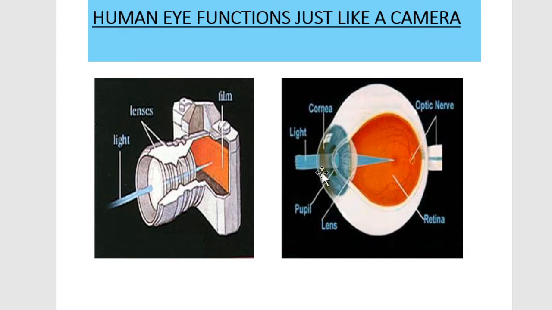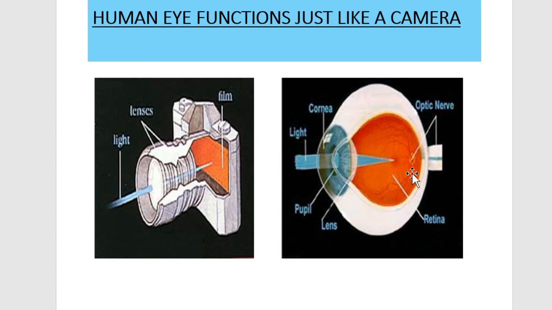Our eyes have a lens, which is a convex lens, which we will study in a few minutes, and a screen on which the image is formed. So you can say that human eyes are the perfect cameras.